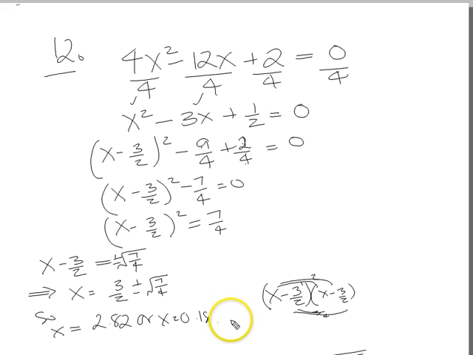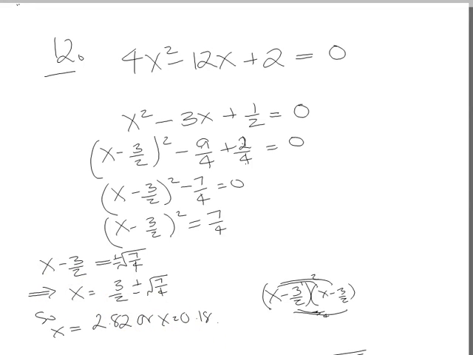So let's just check the answers then, and hope we're correct. So we got 4x squared minus 12x plus 2 is what we started with, didn't we? Now we're going to put in a value. Let's put in 0.18.